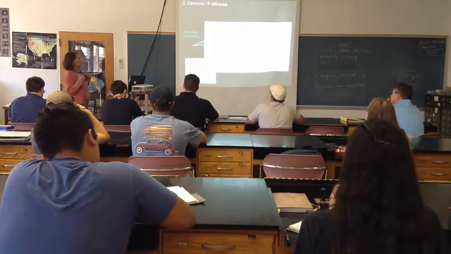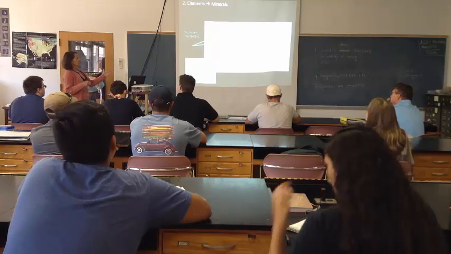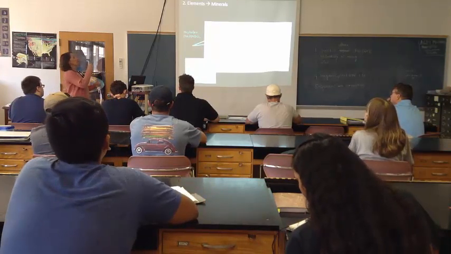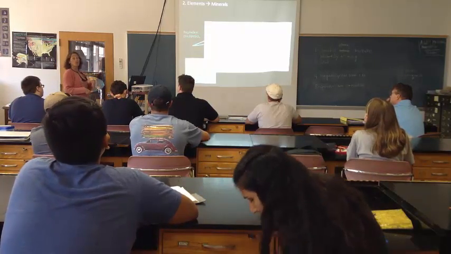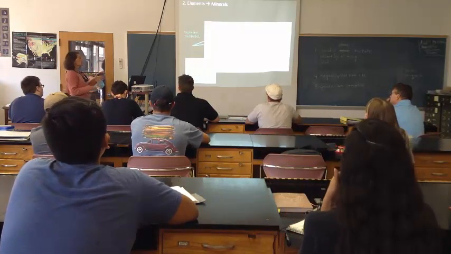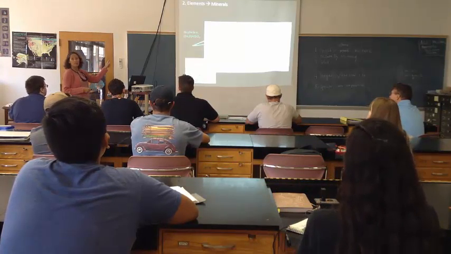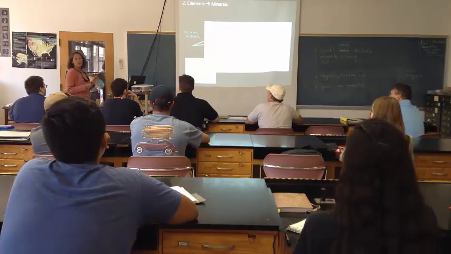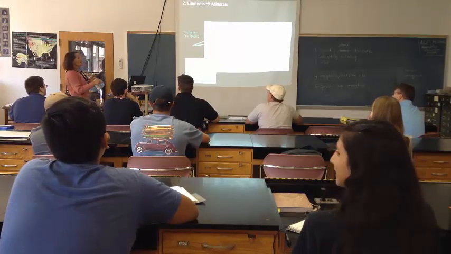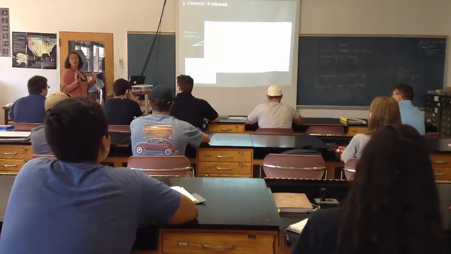So an appropriate formula for nepheline would be 1 sodium and 1 aluminum and 1 SiO4. Or it could be 1 potassium and 1 aluminum and 1 SiO4. Or it could be half of a sodium and half of a potassium and 1 of the rest. As long as whatever is inside the parentheses adds up to 1, we're good to go.